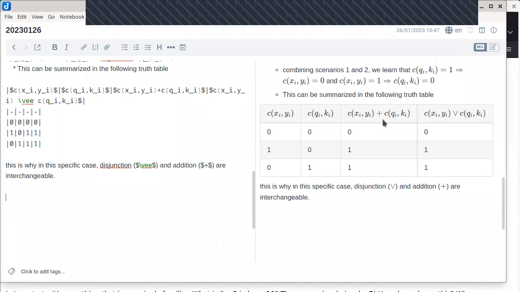Why is it missing? So the last row would have been 1, 1 here, where 1 plus 1 is 2, and then 1 or 1 is still 1. That will be the row where the addition is not going to do exactly the same thing as the disjunction. So why is that row missing?